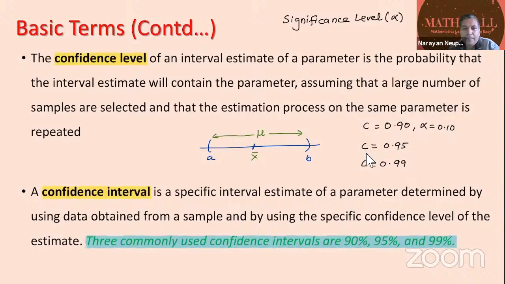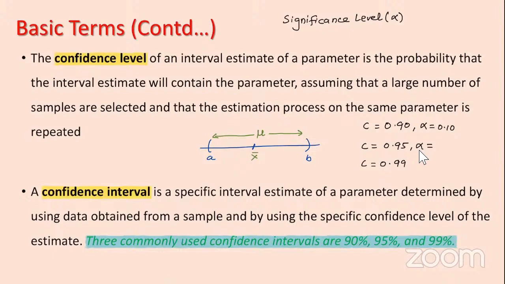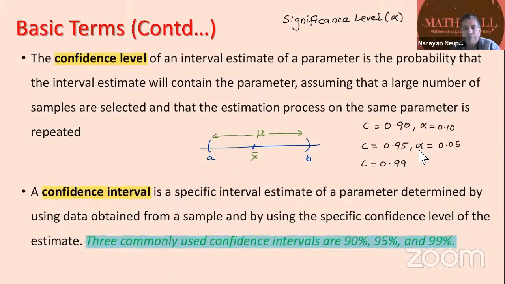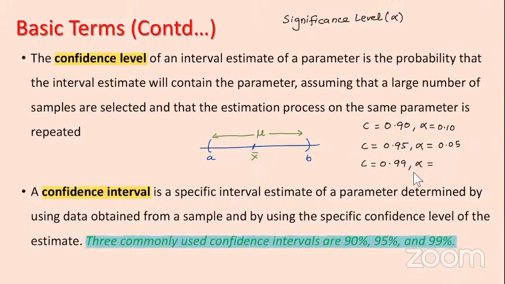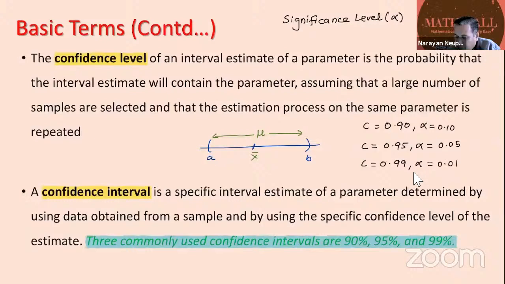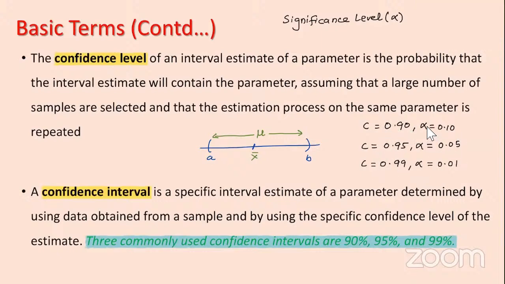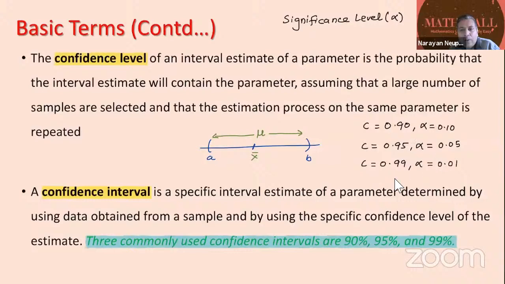Now similarly, tell me, if C is equal to 0.95, what is alpha equal to? 5%, 0.05, very good. Similarly, if C is 99%, what is alpha equal to? 0.01. Very good. So you can see that in all these cases, when you add alpha and C together, that's always equal to 1.